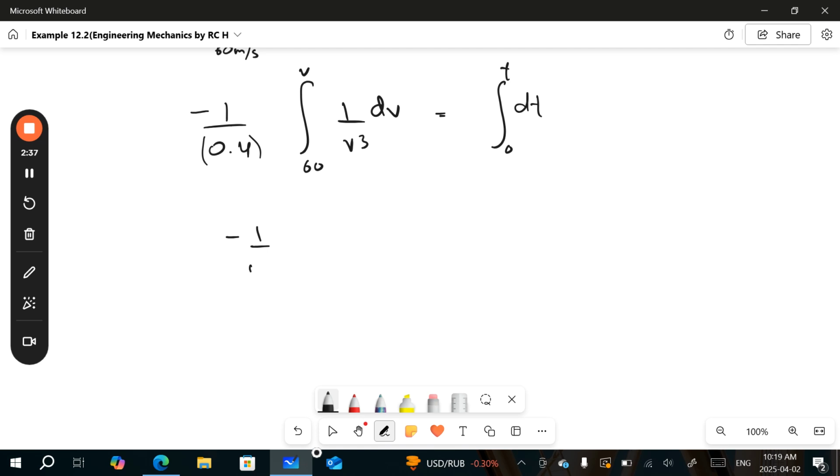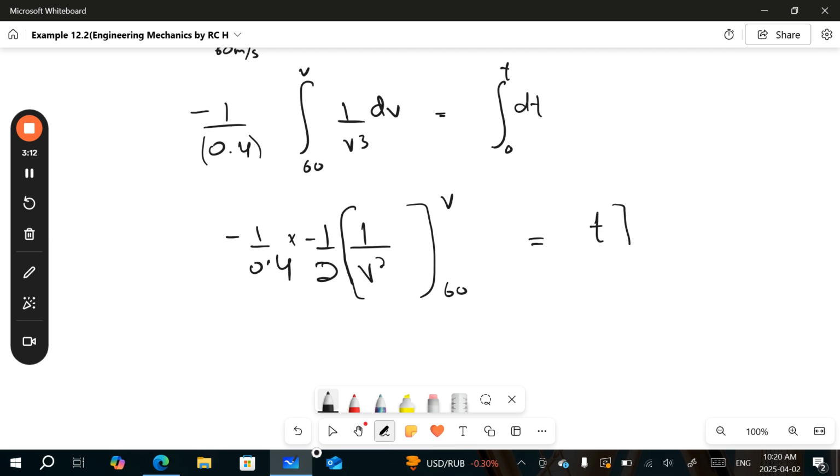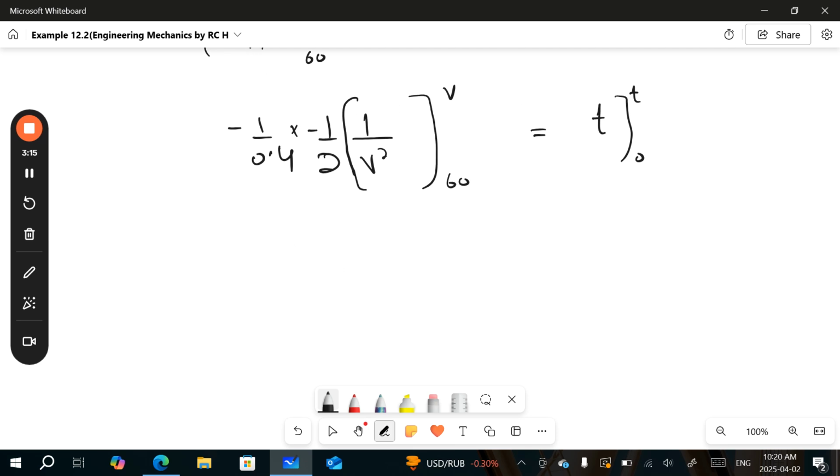Now this 1 by v cubed is basically v to the power minus 3, and after integrating it becomes 1 by v squared, times minus 1 by 2, so we can write minus 1 by 2 v squared, and we put the limits 60 to v, and on the right side 0 to t, which basically becomes t.